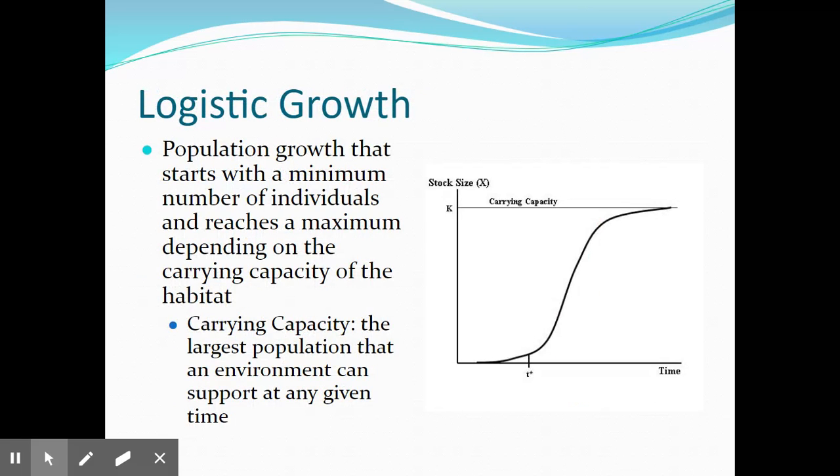A logistic, or also what we call a logarithmic growth curve, reaches a carrying capacity. In a logistic one, we will see that it will reach and maintain its carrying capacity, or K. This carrying capacity is the largest population an environment can support during a given time.